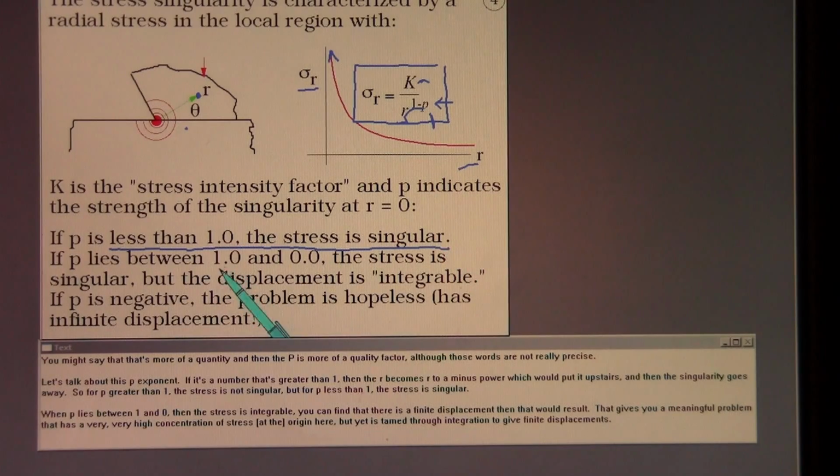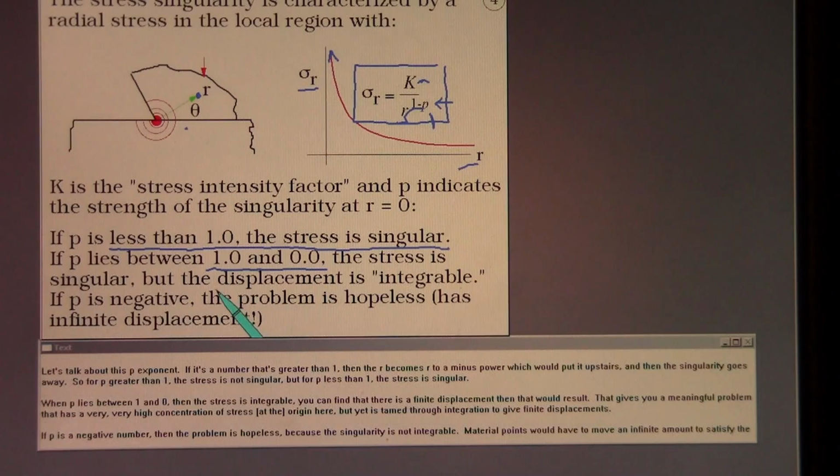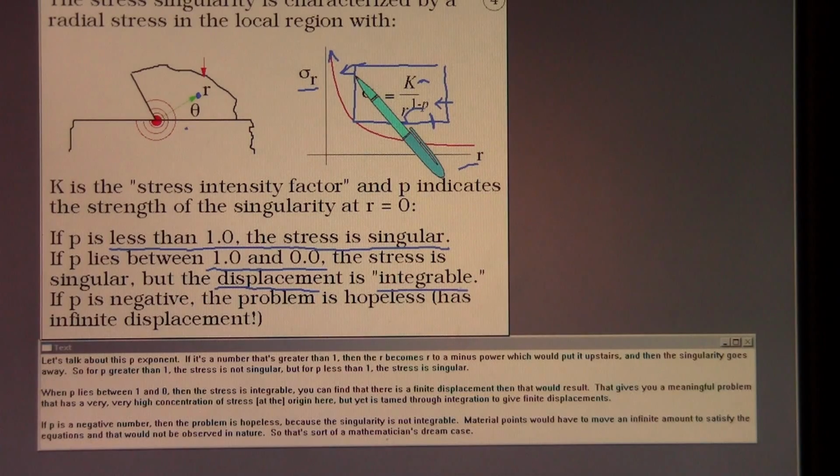Now, when P lies between 1 and 0, then the stress is integrable. You can find that there is a finite displacement that would result. And that gives you a meaningful problem that has a very, very high concentration of stress in the origin here, but yet is tamed through integration to give finite displacements.